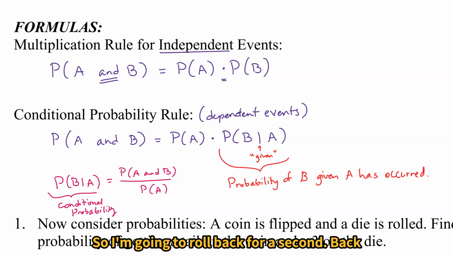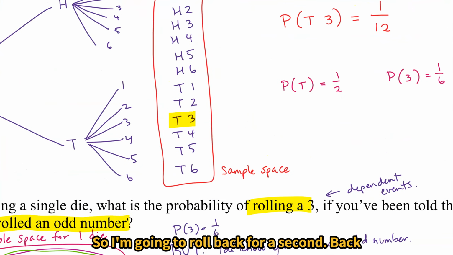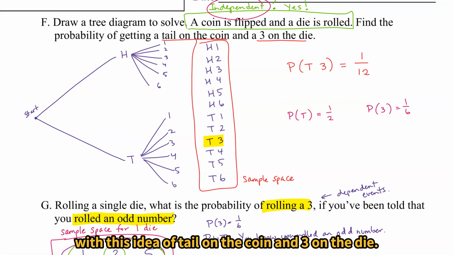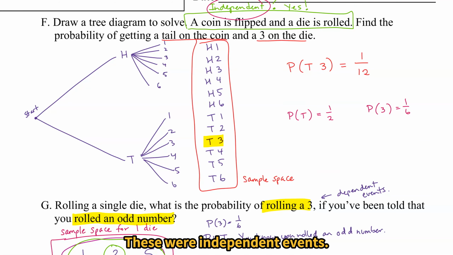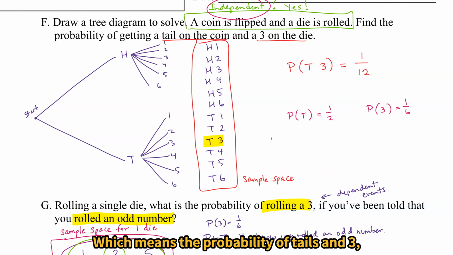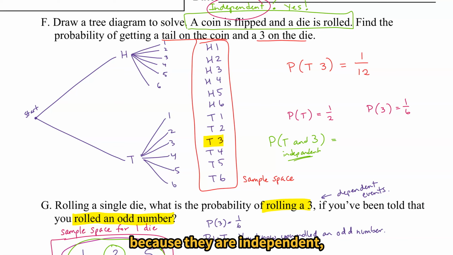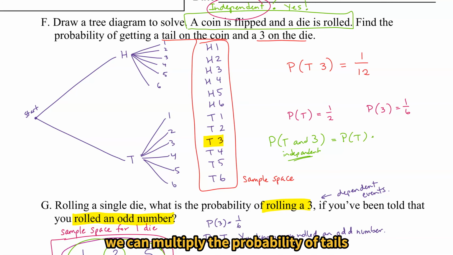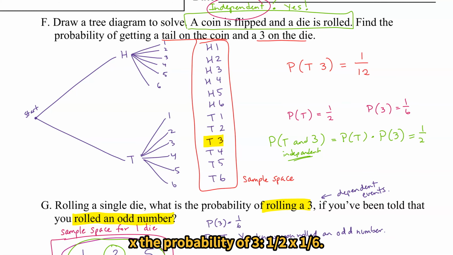So I'm going to roll back for a second. Back up to the top with this idea of tails on the coin and 3 on the die. These were independent events, which means the probability of tails and 3, because they are independent, we can multiply the probability of tails times the probability of 3. 1/2 times 1/6.